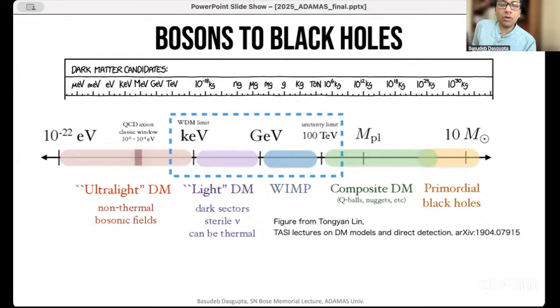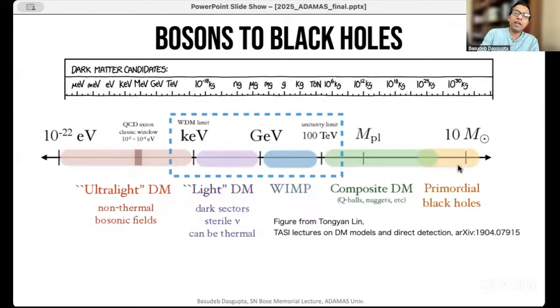And then it turns out that it cannot be a fermion, because so many fermions, if you put them in a given volume, are excluded by Pauli exclusion. So at these very low masses, when the number density of dark matter goes up very high, it can only be a boson. And that's one of the favored candidates, something like an axion.